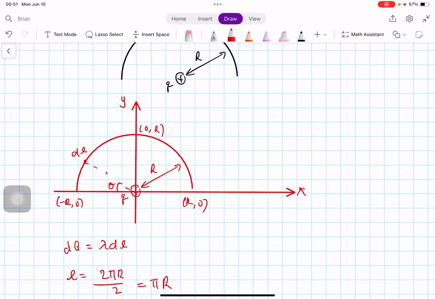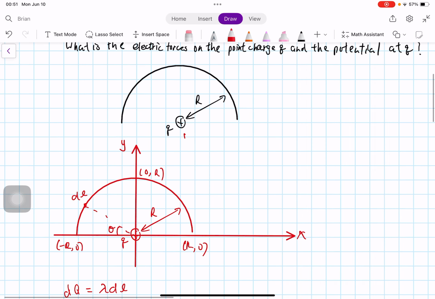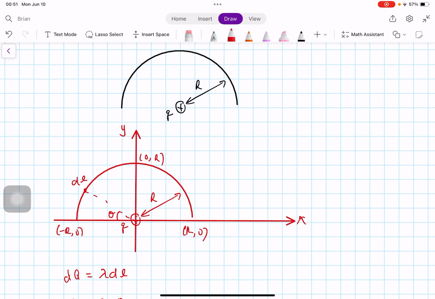So first I define a Cartesian coordinate system on the charge itself. Here I have (negative r, 0), (r, 0), and (0, r) as three points to verify my coordinate system.